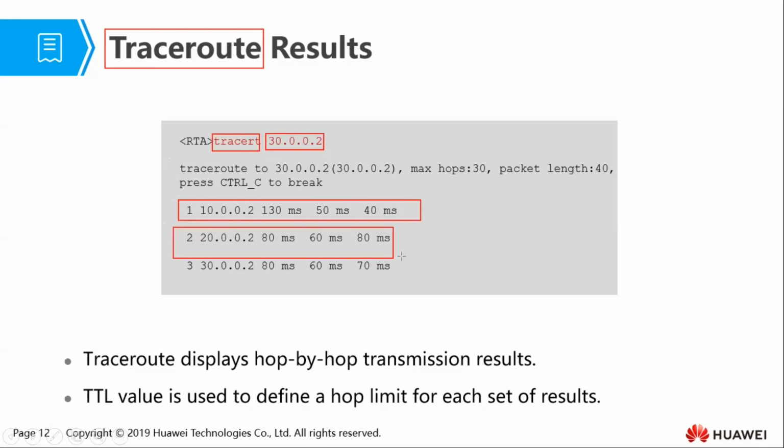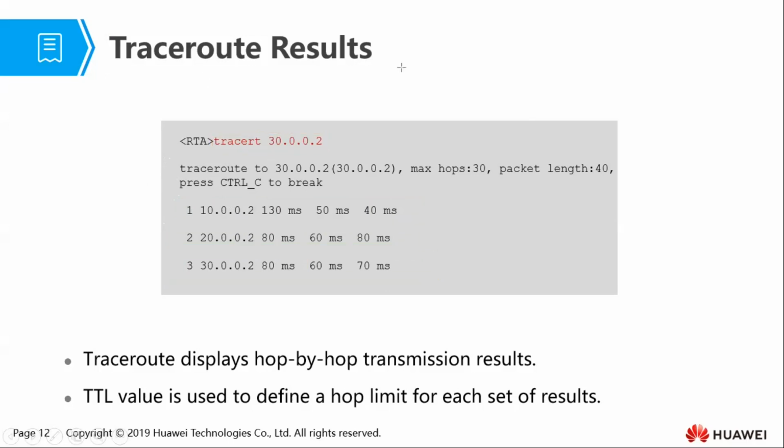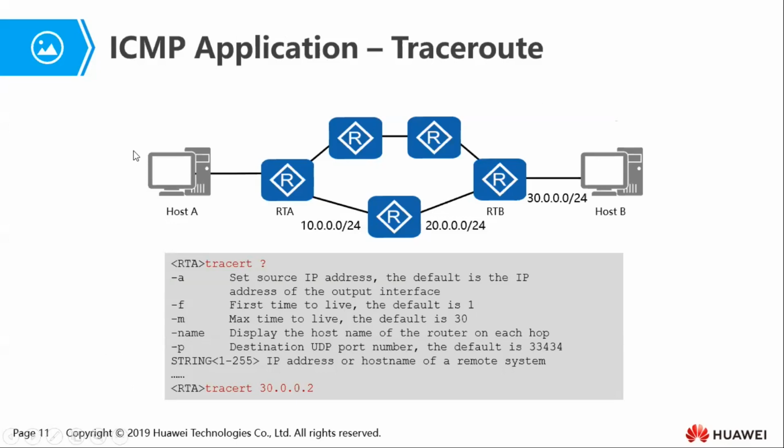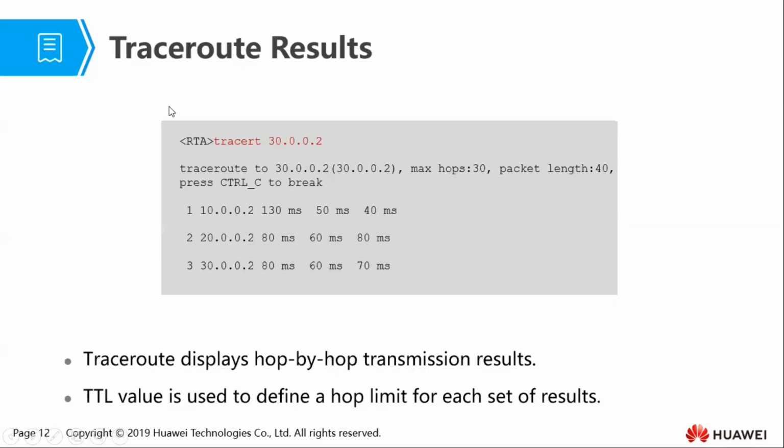The second router was that, and lastly the third router was that. So 10, then 20, and then 30. If I go to the previous slide, we should see that it passed through this interface, then through this, then through this. So it passed through those routers: the 10 network, 20 network, then 30 network to get to the destination.